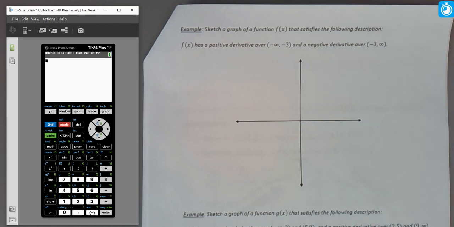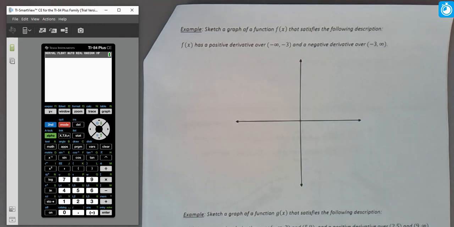So having this idea of the first derivative test, where our function is increasing, where our function is decreasing, what the critical values represent in relation to other points around them, that's going to help us in drawing graphs. Now we're not going to focus too much on drawing really accurate graphs, but based on information we have about the derivative, we should be able to roughly sketch a graph that would meet those requirements.